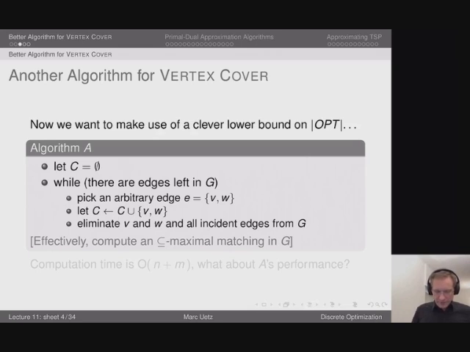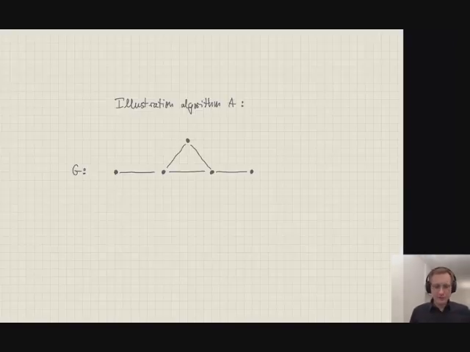Obviously, this algorithm will have a linear computation time if we implement it carefully. But let's first look at an example to see that the algorithm is clear. So here's a very simple graph. And what the algorithm is doing, it selects edges, not vertices now. So it selects, say, this first edge and both incident endpoints.